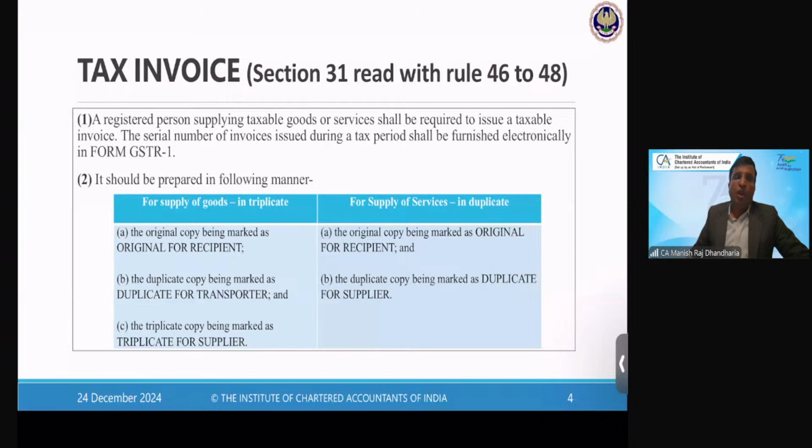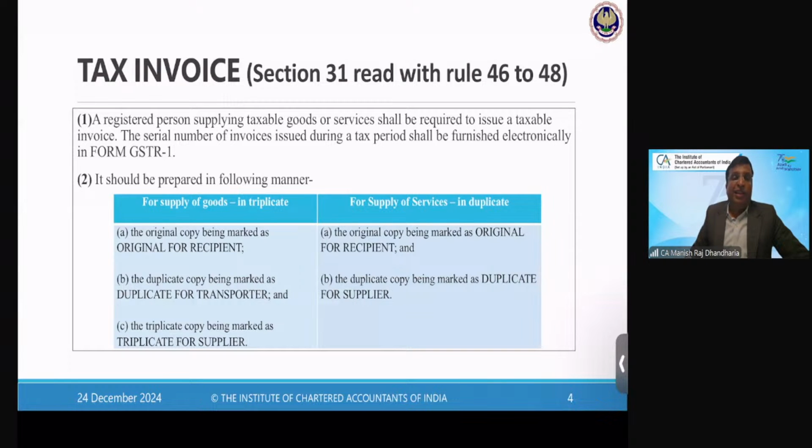A registered person who is supplying taxable goods or taxable services has to issue an invoice in accordance with these sections and rules, and then this invoice will be known as a tax invoice.